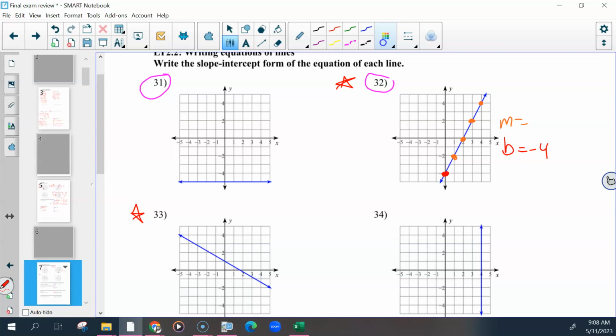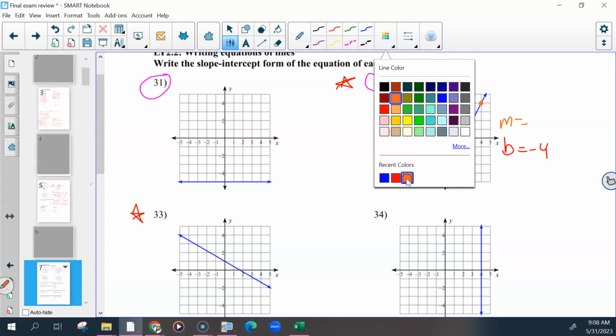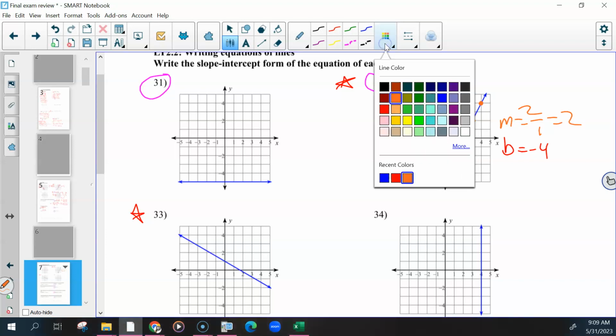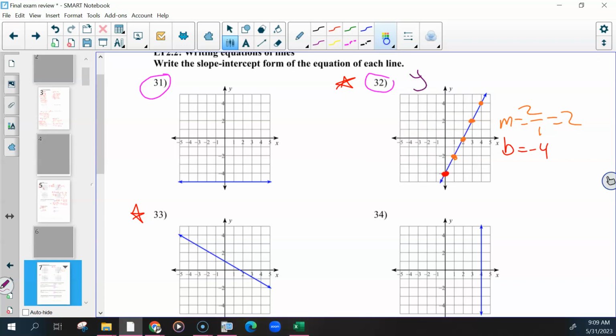This is 2 over 1, so just simplify that to 2. Then write your slope-intercept form, y equals mx plus b. So y equals 2x, and then your b in this case would be -4. We don't need it to be positive always. Questions on that one?